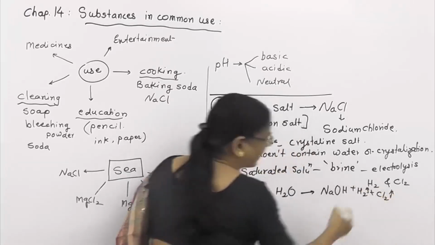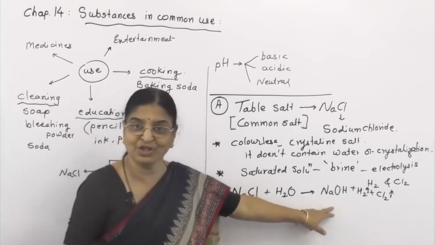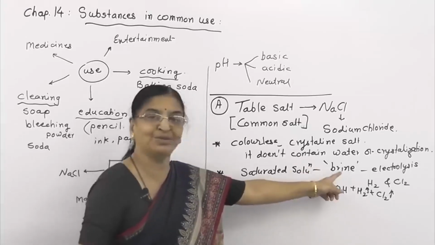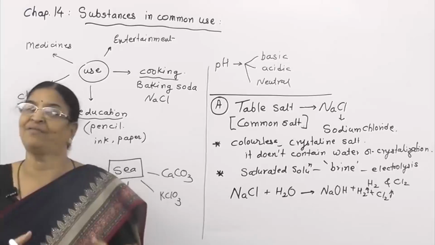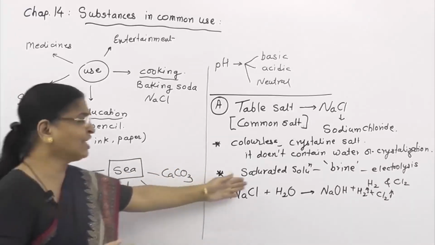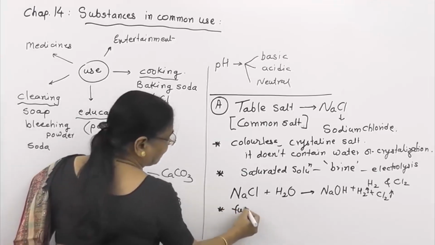These two gases can be evolved from this, and this is a very important salt. So to get this, you can have this brine, the saturated solution, and you can carry out the electrolysis of it, but not the saturated solution, in the fused state.